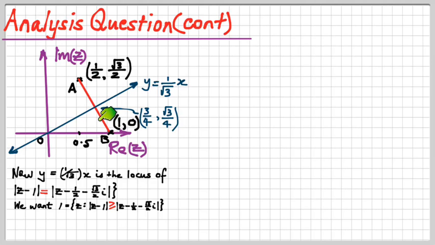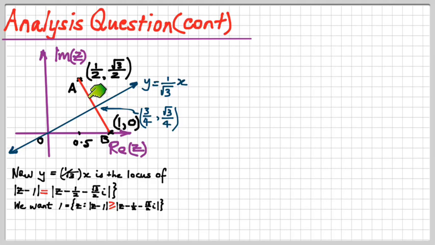At this point here, the distance of z from 1 is exactly equal to the distance of z from this one, the point A. So if the distance of z from 1 has got to be greater than or equal to, let's try that bit of the line there. If z was that point there, the distance back to 1 would be greater than or equal to the distance back to the point a half and root 3 over 2, wouldn't it? Of course it would. So basically, if it's greater than or equal to, it means it's further from 1, from B, than it is from A.